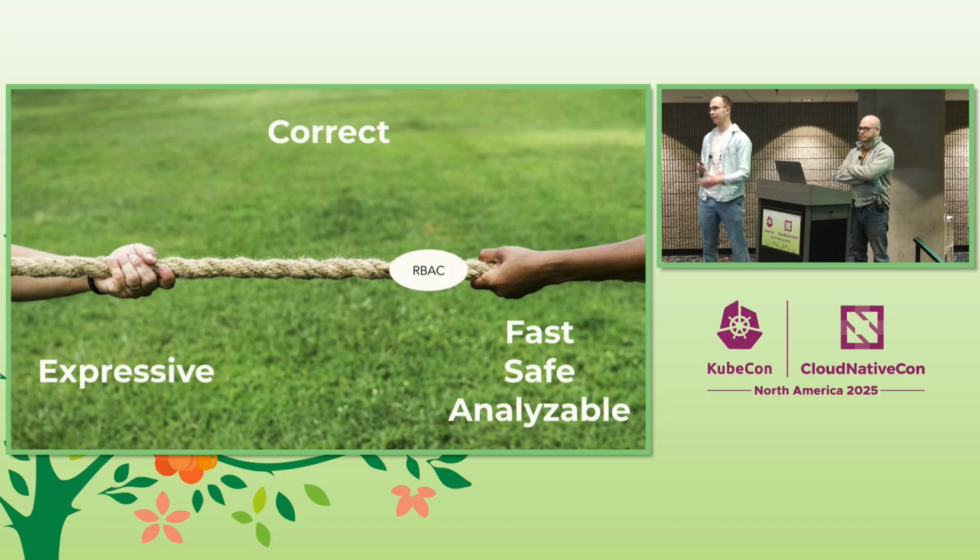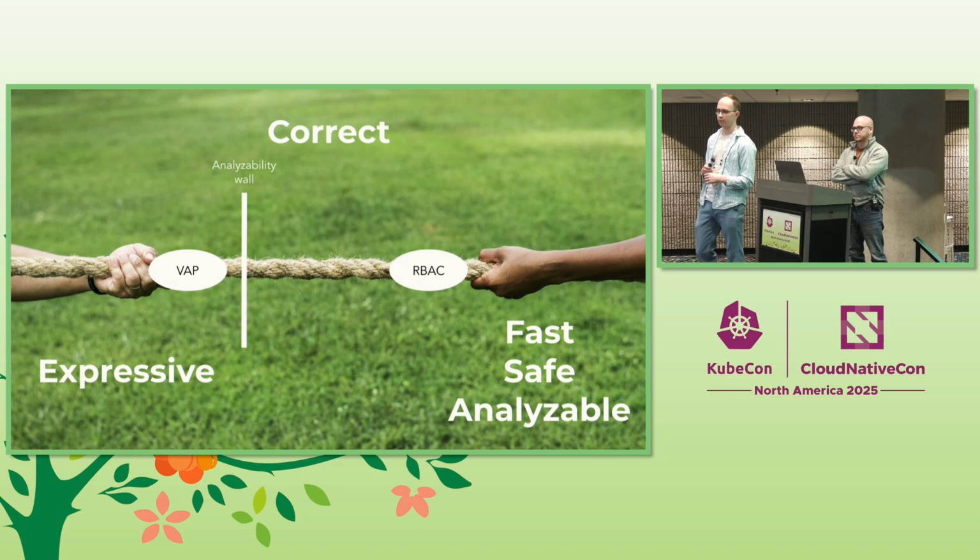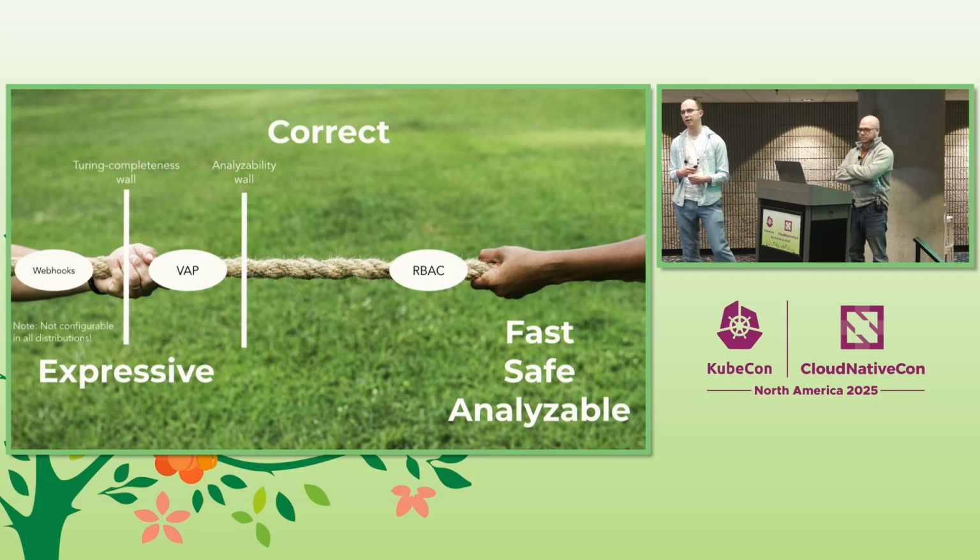So on a high-level overview, RBAC is fast, safe, and analyzable, but not as expressive. Then we have another method that we'll cover in a bit, which is called validating admission policy, which is way more expressive, but not as fast and safe and so on. And then if you need even more expressivity, you can do webhooks.